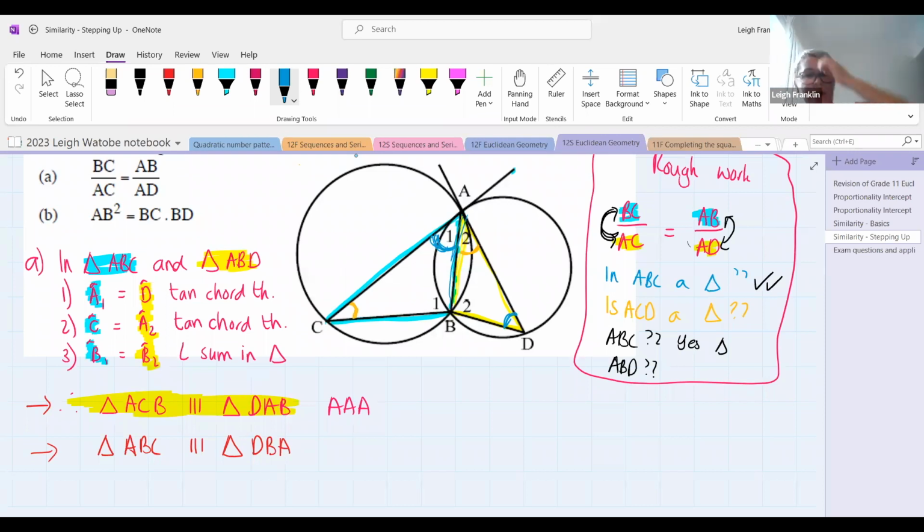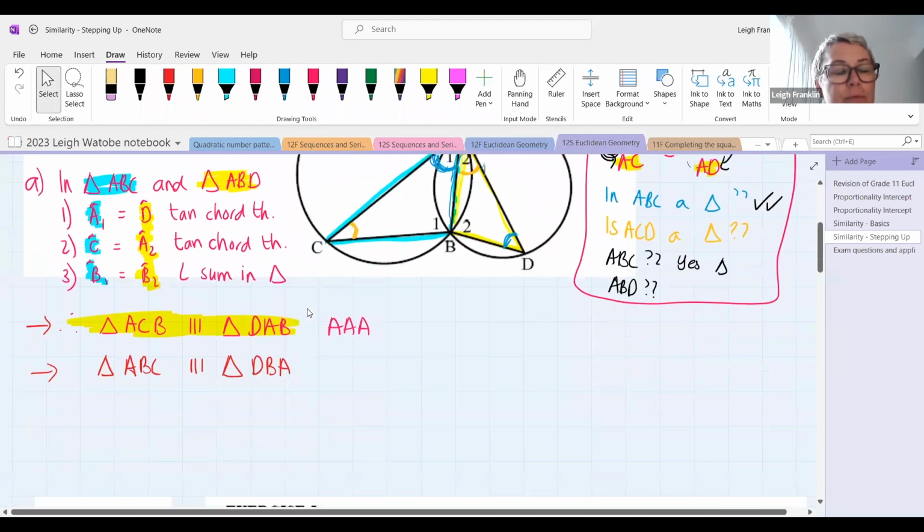So D is the angle in the alternate segment. Similarly, if AD is a tangent to the larger circle, angle A2 will be the angle between the tangent and the chord. The chord is still AB, and that subtends C in the larger circle. So that's tan chord theorem for you.